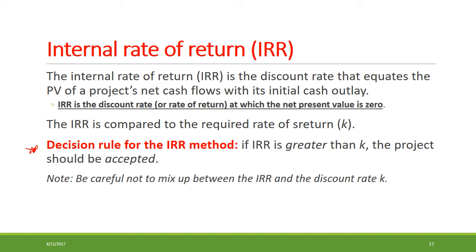So we're making a profit here. Because this method gives us a rate, it could be quite confusing when you do the calculations later on. Sometimes you can mix up the IRR and the discount rate, so just be careful in the calculations.